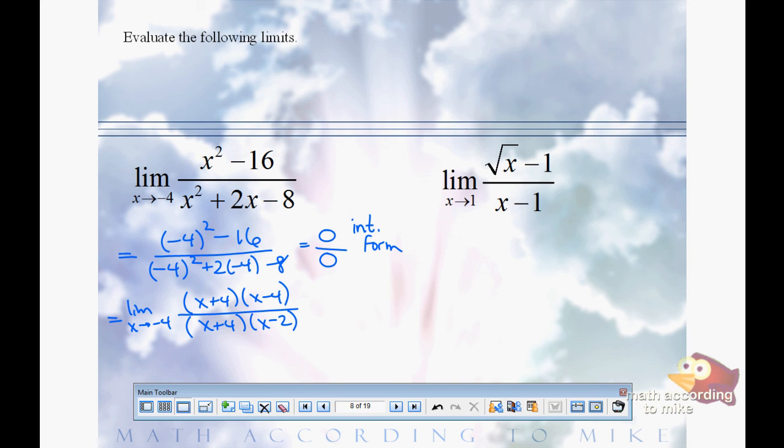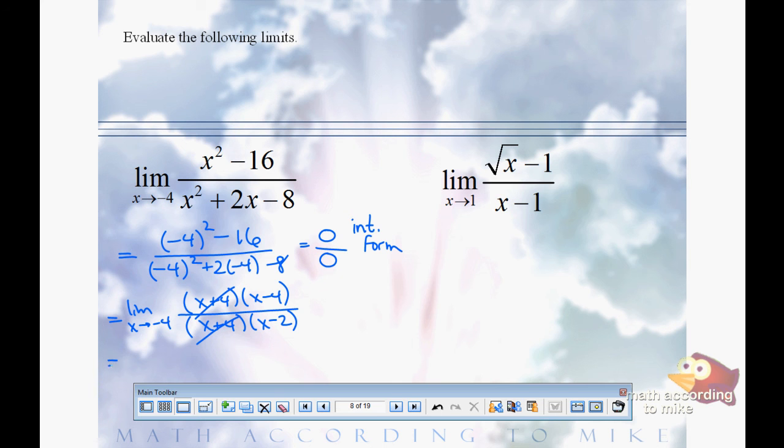Does anyone remember what we're canceling out here? Well, as far as the graph is concerned, what are we taking out of the graph? Courtney Love will know the answer. What was the name of her band? Yeah, that's why she's still around. Hole. There's a hole in the graph. So by canceling the common factor, you're taking the hole out of the graph.